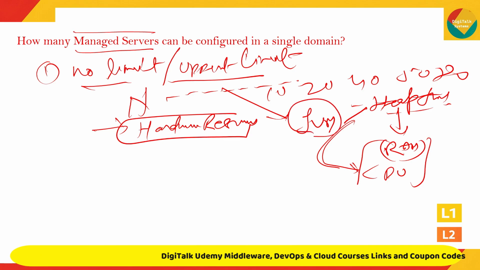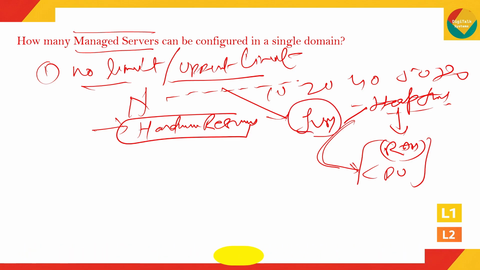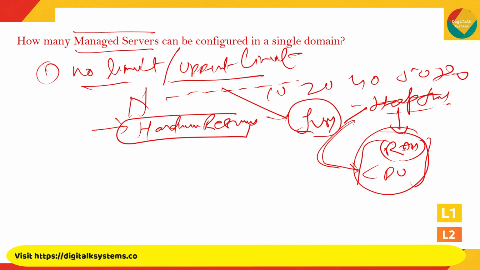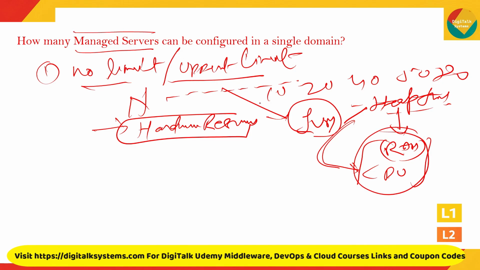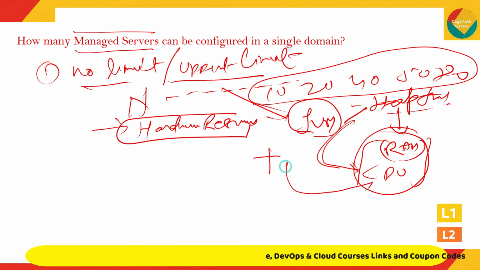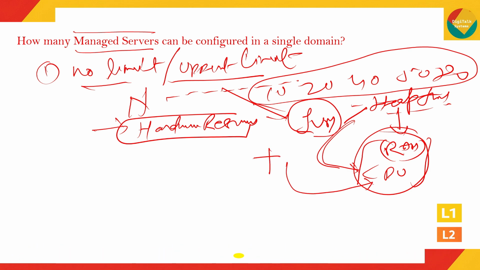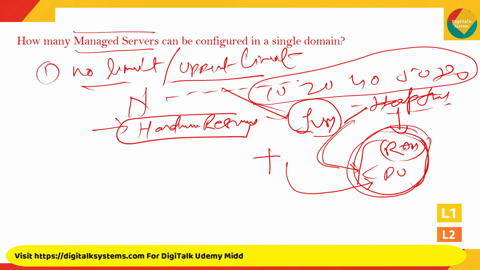So every JVM, whether it is an admin server JVM or a managed server JVM, needs hardware resources. Okay, so you cannot blindly configure managed servers. It completely depends on your user base, the load on your application, plus how much hardware is available at your operating system level. So based on that we define how many managed servers we can create in our particular domain.